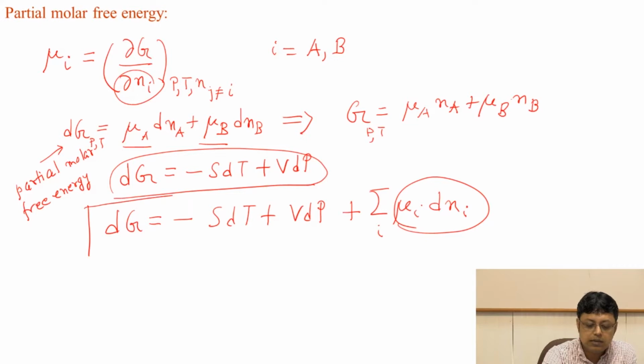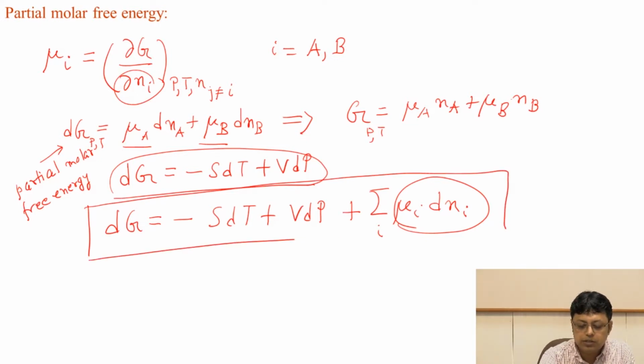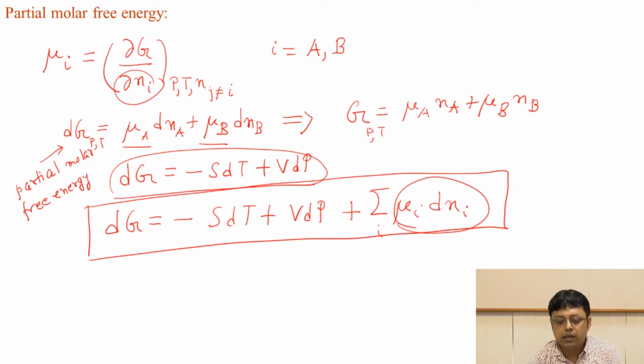So this is a much more general equation where it not only contains the information on how the Gibbs free energy is changing with respect to temperature or pressure, it also contains information on how the total Gibbs free energy changes if we keep changing the mole fraction of one particular component.